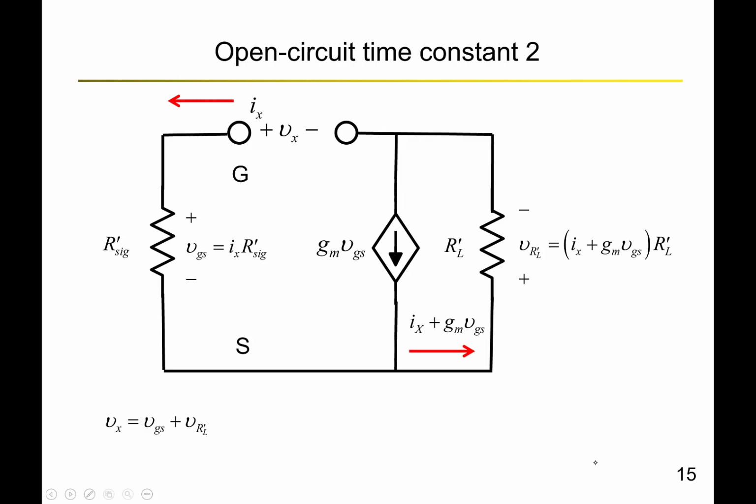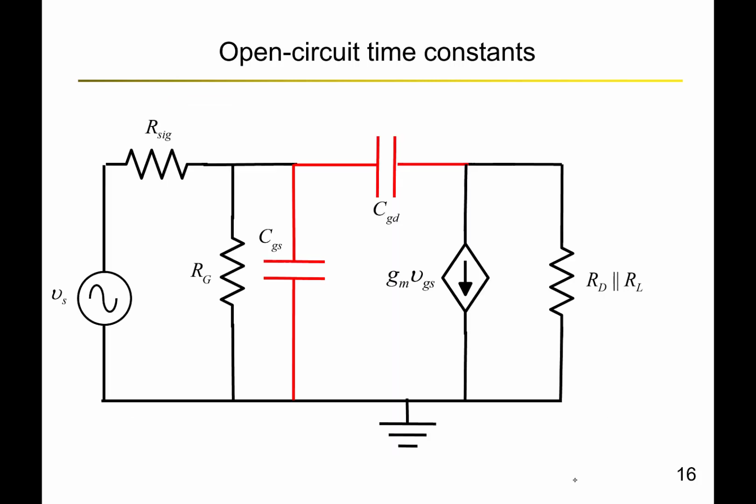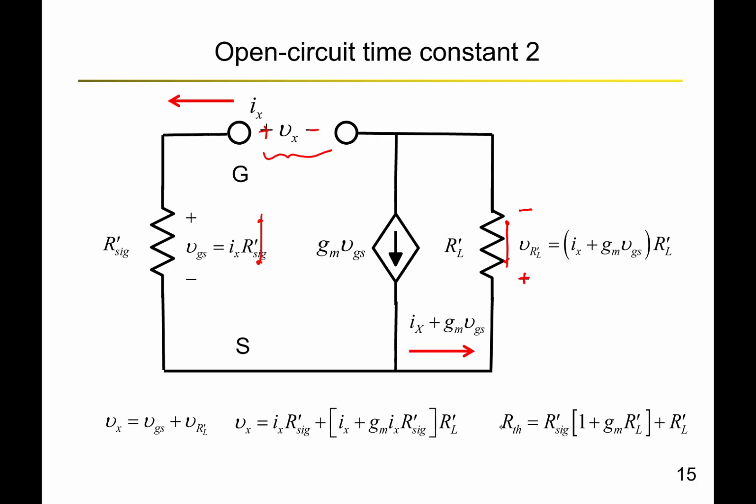Also, we can write that Vx, which is this voltage, is basically a sum of the two voltages, VGS plus VRL, where it's defined that VRL, this side is positive and this side is negative. So we can do some manipulation and find out that the Thevenin equivalent is given by this formula: R signal dash times 1 plus gm RL dash, so this is the midband gain, plus RL dash.